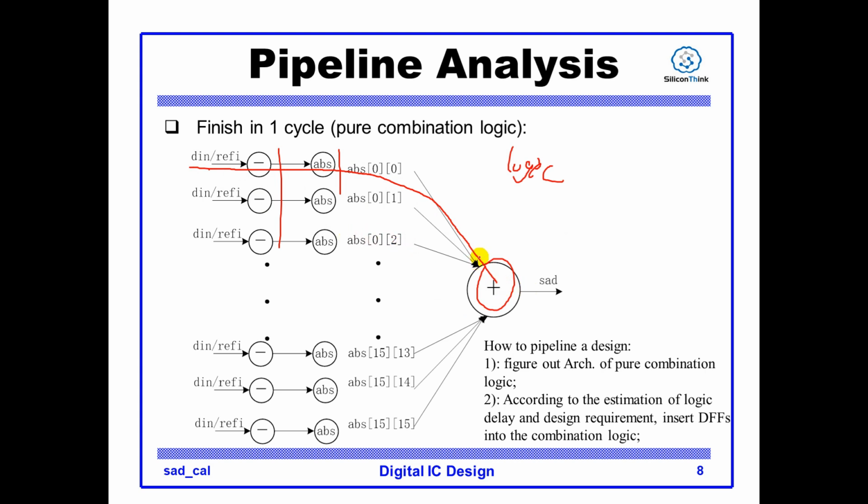The logic delay may be very big and you will get a very low clock frequency. Then the throughput of the whole design will be low. So how to increase it? The method here is to insert pipeline stages to break down the combinational logic.